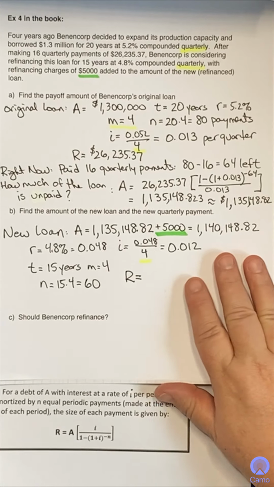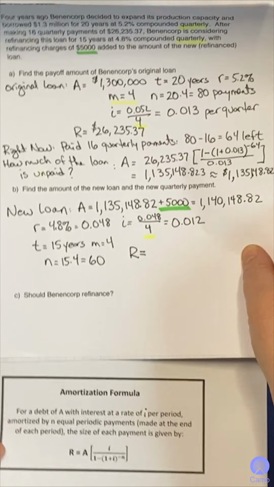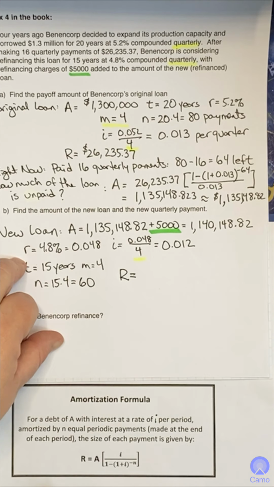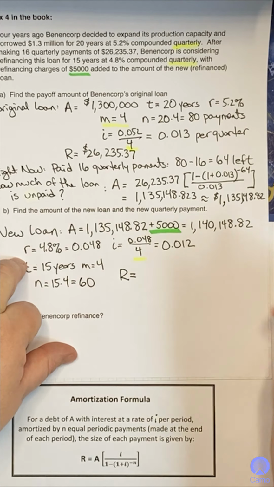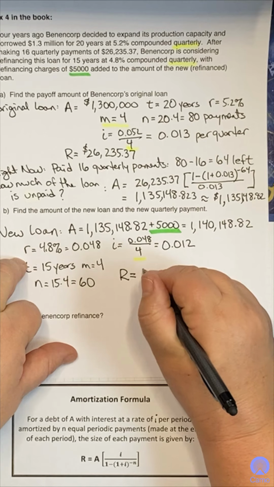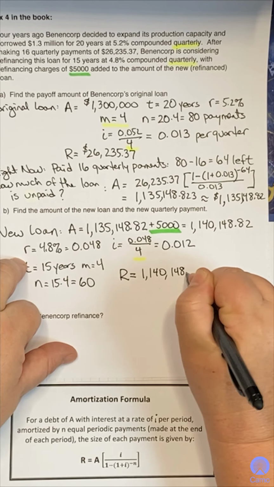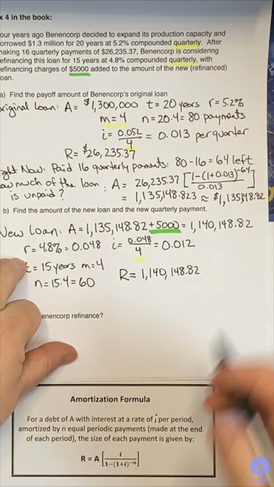And so let me see if I can scooch this down at the bottom so you can see them both at the same time. Okay, so our quarterly payment is going to be A. So it's this new A amount, 1,140,148.82 times the quantity.